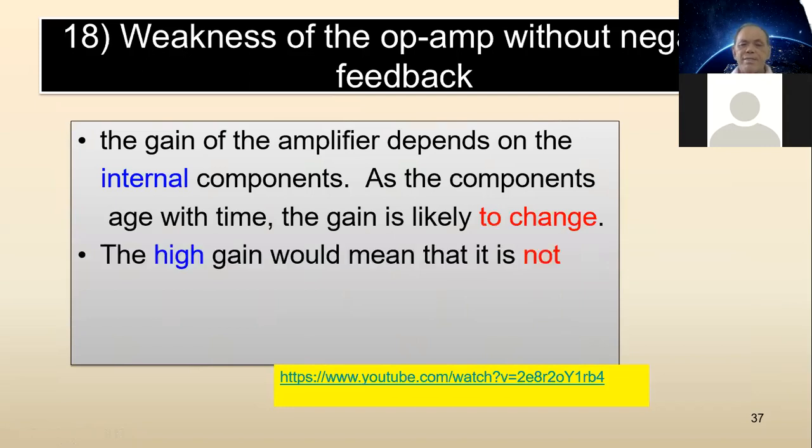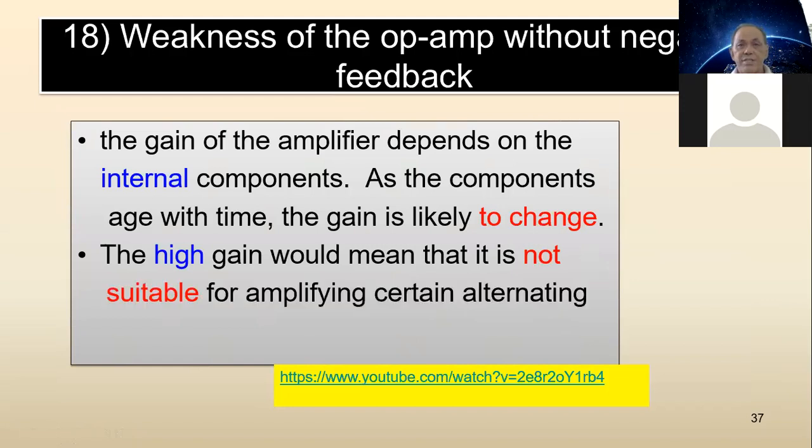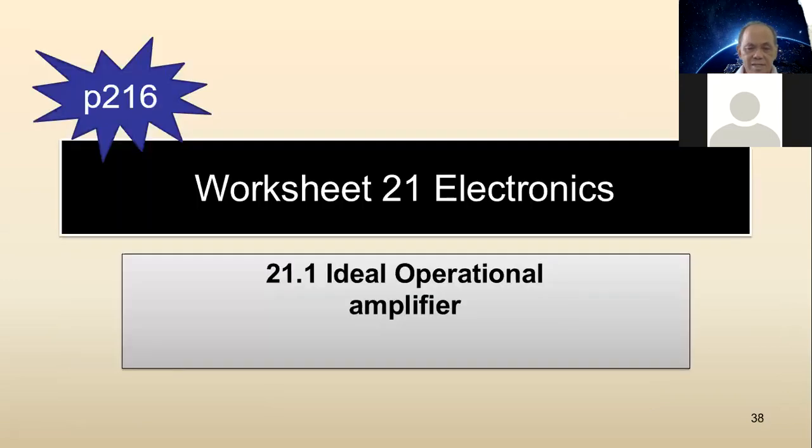The high gain would also mean that it is not suitable for amplifying certain oscillating voltage. As we can see, as soon as the difference exceeds a few microvolt, it cannot amplify anymore. It becomes saturated. So it's not good, because what we deal with is usually millivolt differences. Well, let's go to the worksheet and try some of the questions.